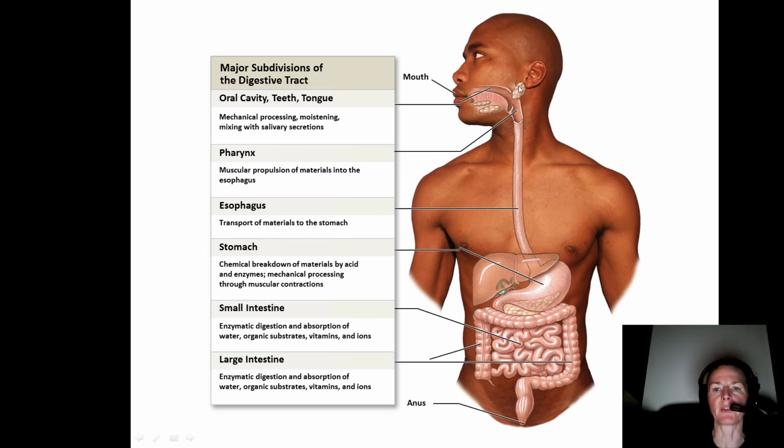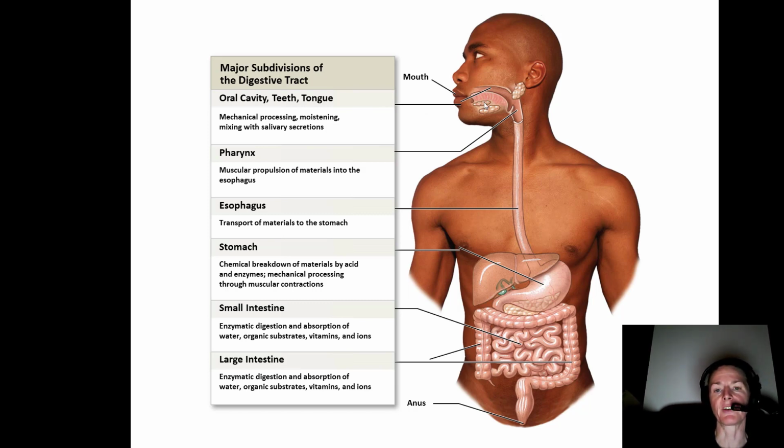Now, you'll notice we have some salivary glands here. We have 3 pairs of salivary glands. We have our parotid gland right here, which is just inferior to the zygomatic arch and really covers the posterior part of the masseter here. We also have our sublingual glands and our submandibular glands. And these are going to produce some digestive enzymes. And some of those digestive enzymes, for example, the ones under the tongue, are going to produce lingual lipase.